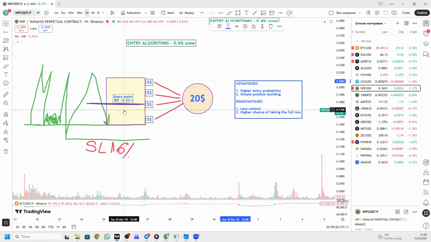About the stop in the trading terminal, it's important. The stop can be configured in advance. It should be, not should even, it must be configured in advance. And then it will be placed automatically. The logic is, as soon as the first limit order gets filled, the stop loss is automatically placed, for example, 1.6%.